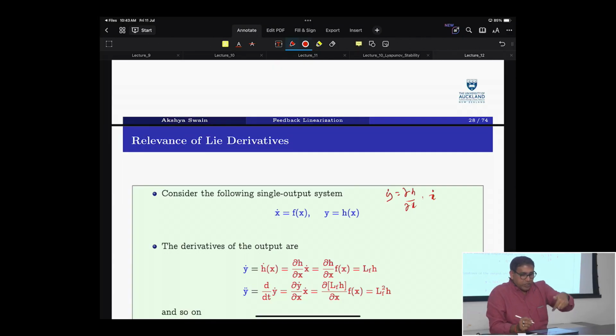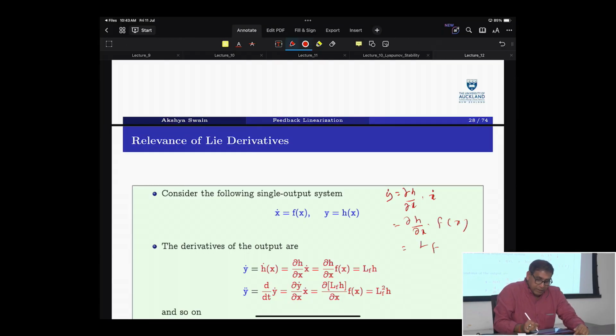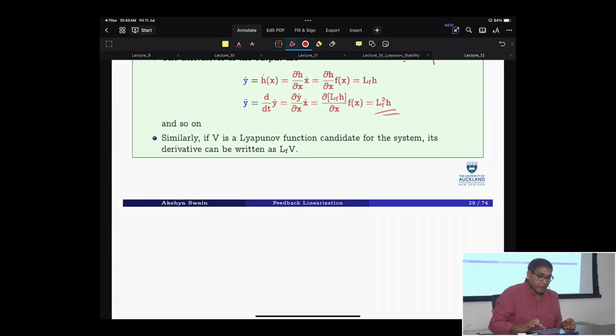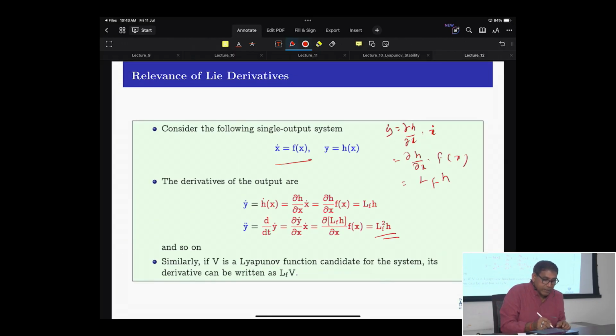So first I differentiate with x and x dot. And what is x dot? That is equal to del h over del x into f(x). Right? And that is by definition L_f h. Similarly, y double dot, d over dt of y dot, so this will be L_f^2 h, right? Differentiation.